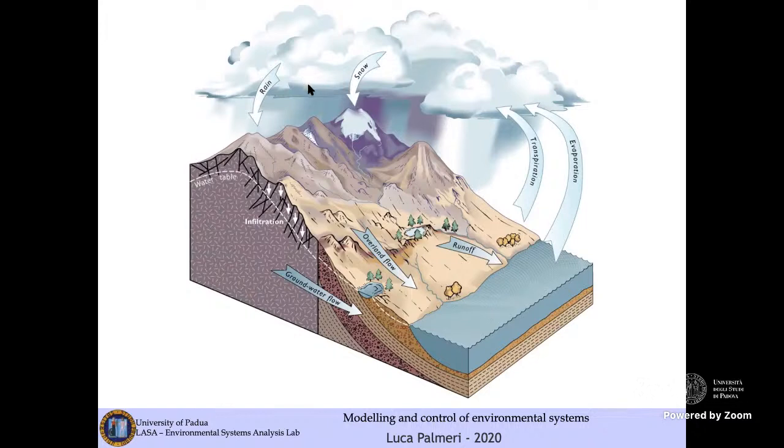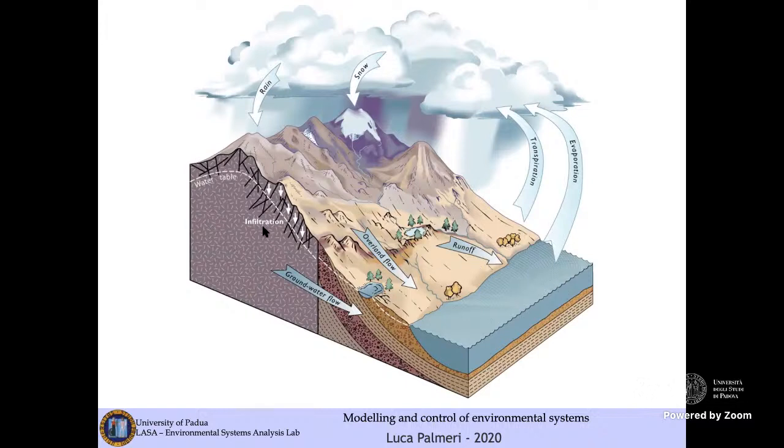From the atmosphere, water is transferred through rain or snow to the land surface. Once water reaches the surface of the planet, we may identify different pathways through which water moves on the surface, in particular surface pathways like overland flow and runoff that move water from the falling point on the top of a mountain down to the receiving water bodies, that is rivers, seas, and lakes.